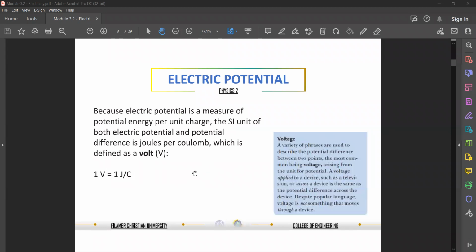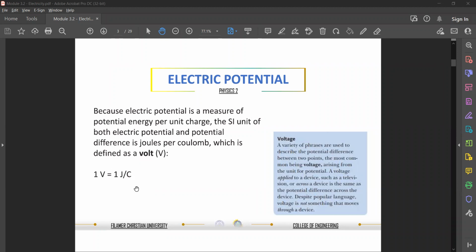So 1 volt is equivalent to 1 joule per coulomb. A variety of phrases are used to describe the potential difference between 2 points, the most common being voltage, arising from the unit of potential. This is just the potential difference.